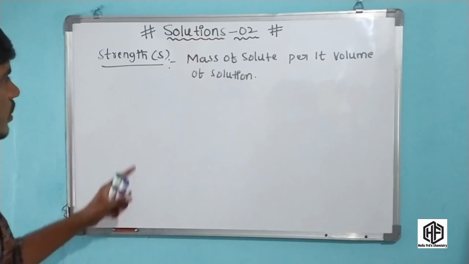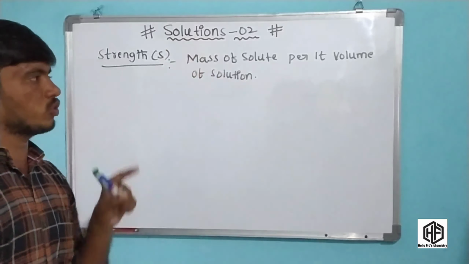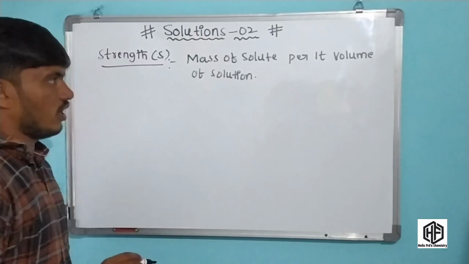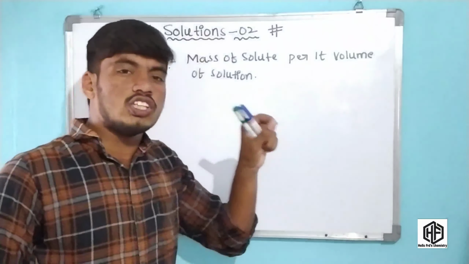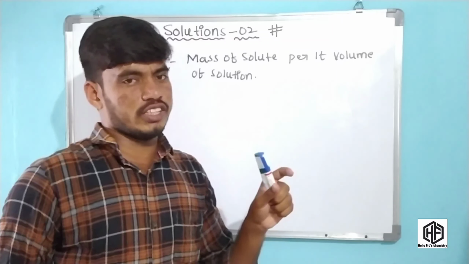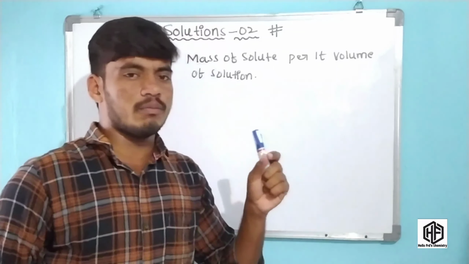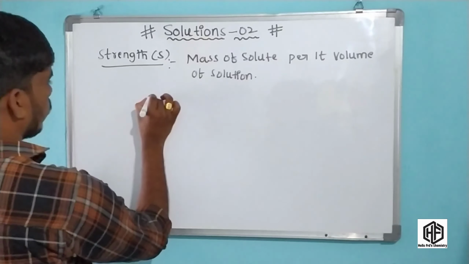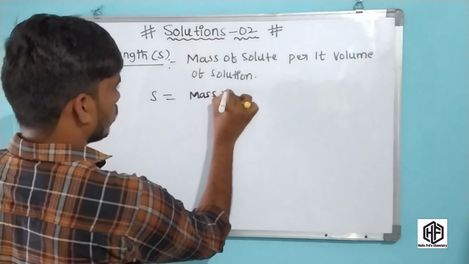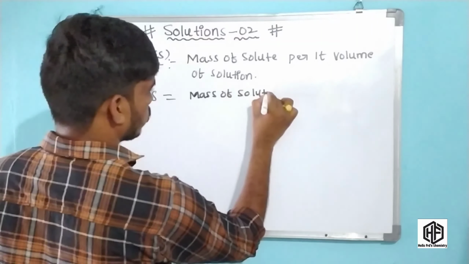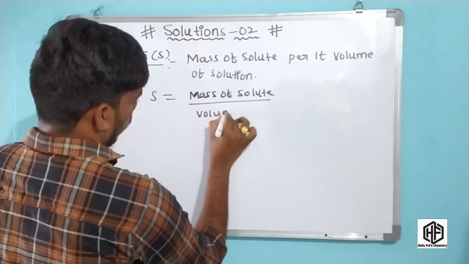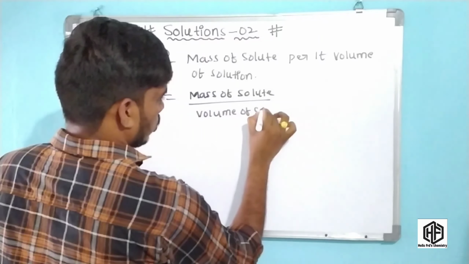Friends, strength is represented by S, that is the mass of solute per 1 liter volume of solution. But molarity is the moles of solute present per 1 liter volume of solution. Moles is molarity, mass is strength. Now strength is equal to the mass of solute by volume of solution.